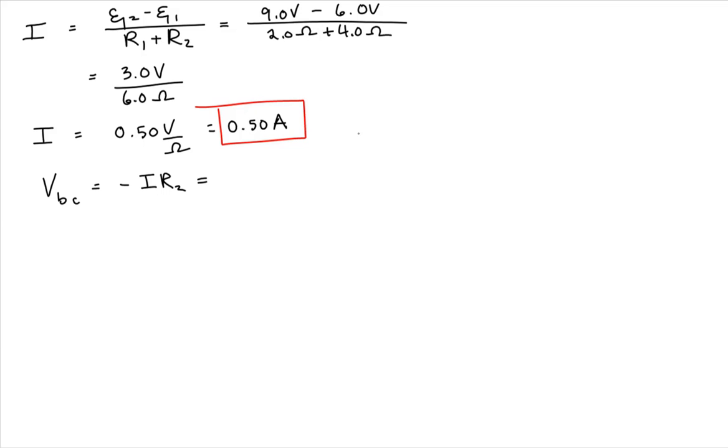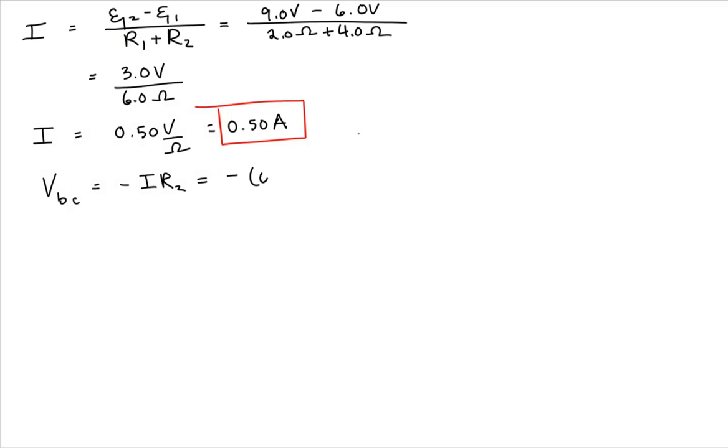Now, I normally don't like to reuse intermediate results, but since the current we found was exactly 0.5 without any rounding, I'm going to go ahead and use that value of the current without going back and plugging in the variables.